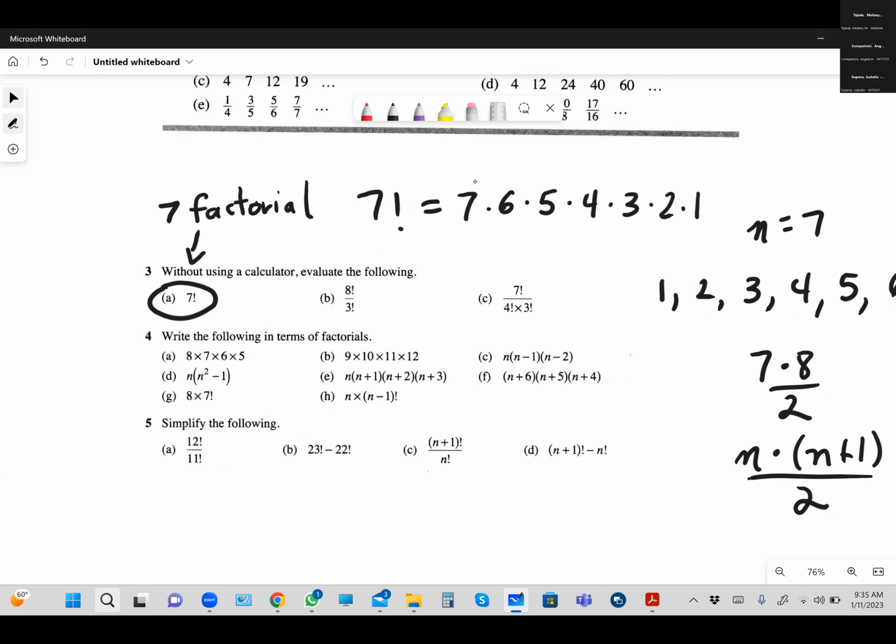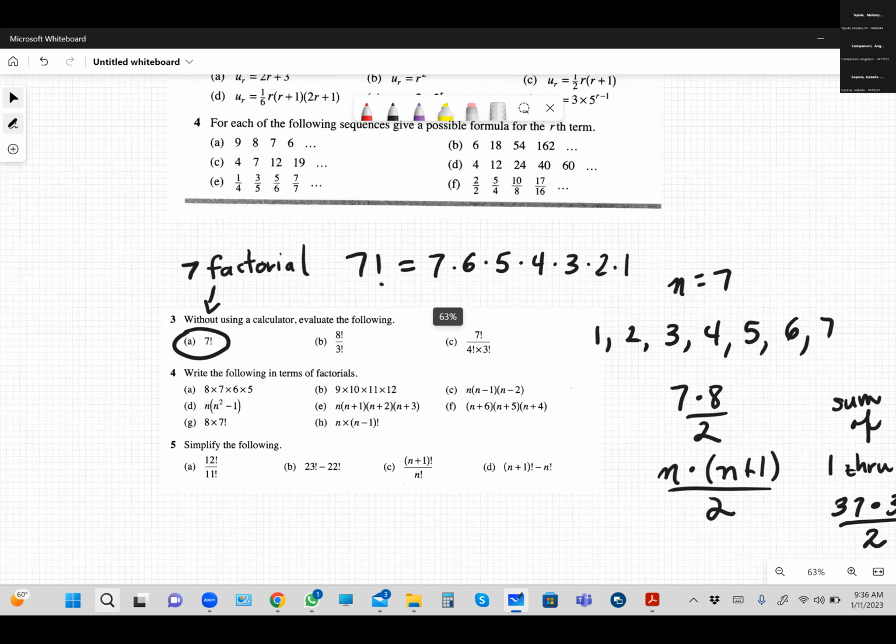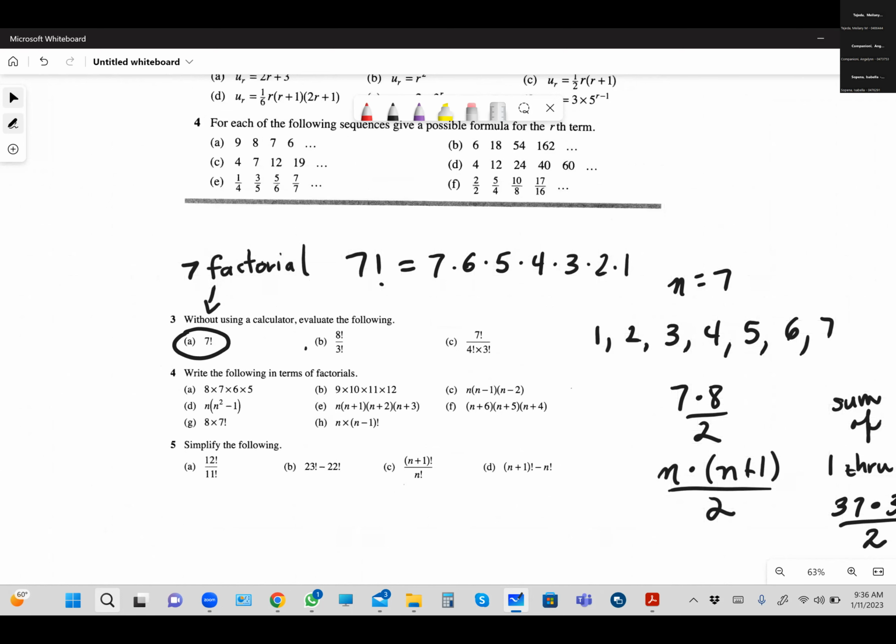So tell me, how would you evaluate that? Anybody? I'll just go ahead and make an arrow to give me more space to write down here. So 8 factorial divided by 3 factorial. Talk to me. So it'll be 8 times 7 times 6 times 5 and so on, and then 3 times 2 times 1.